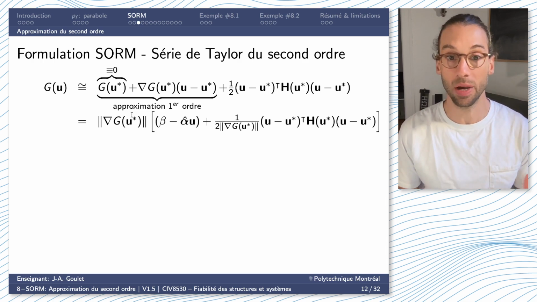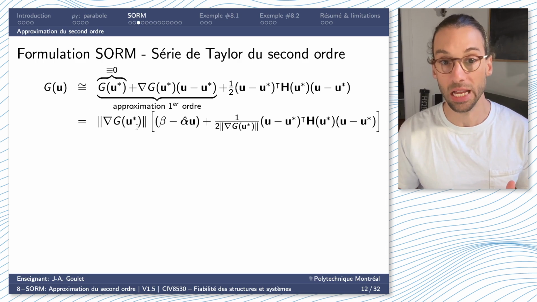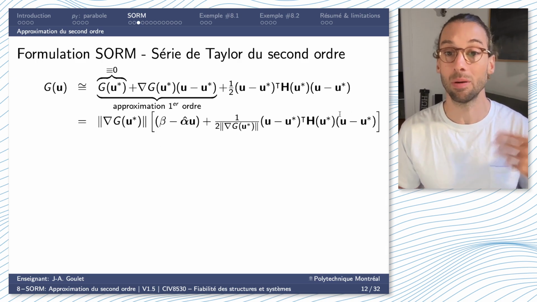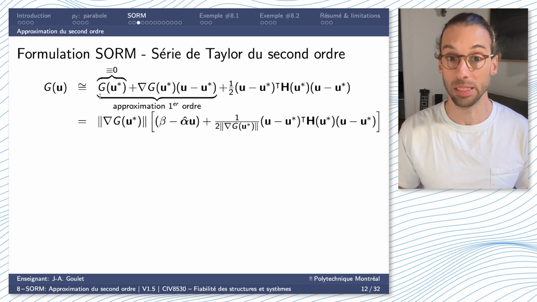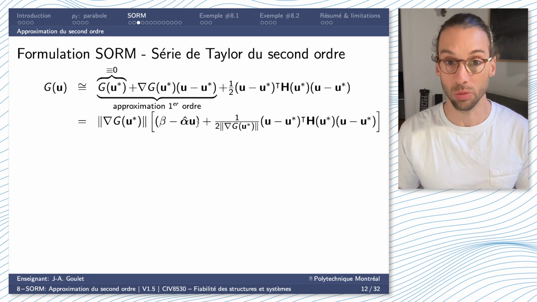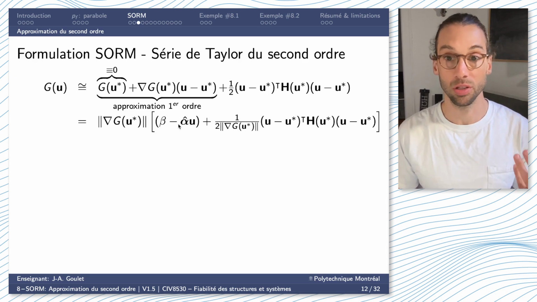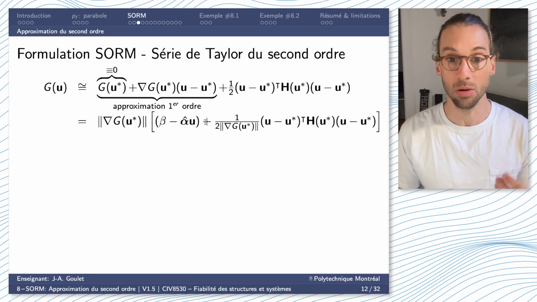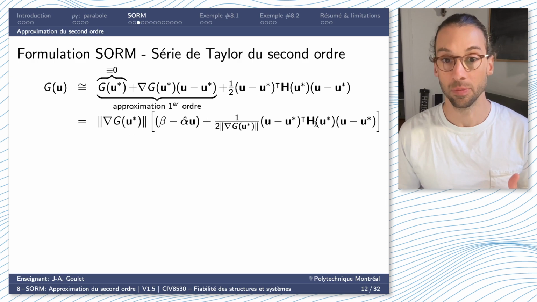By dividing this function by the norm of the gradient, we could obtain that equivalent reparameterization of our limit state function, where we now have the norm of the gradient times beta minus alpha u. So we have an equivalent formulation as we had here, and in this case, plus 1 over 2, the norm of the gradient, simply the term we divided by, times exactly what we have here, the second order term.